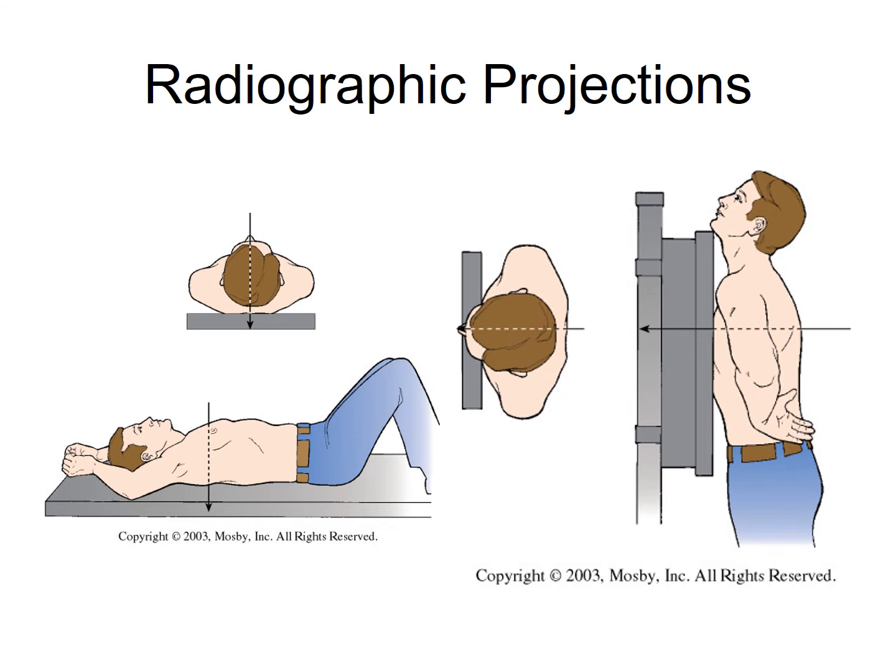So this is known as a posterior-anterior projection, or a PA projection. So once again, on the left, the central ray, the X-ray beam, is entering anterior, exiting posterior. That's an AP. And the pictures on the right, the beam is entering the posterior side, exiting the anterior side. This is a PA projection.